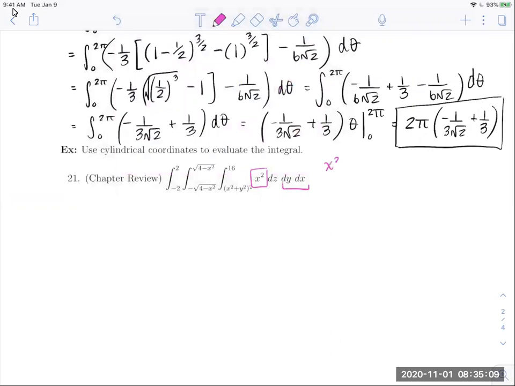Remember, x squared is going to become (r cosine theta) squared, or r squared cosine squared theta. And then dy dx gets transformed to r dr d theta. dz just stays exactly as it is.